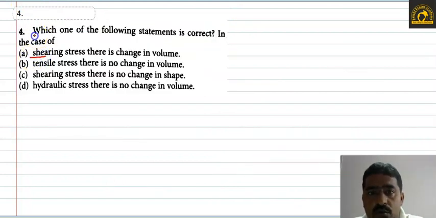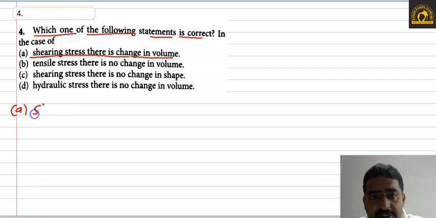Which of the following statements is correct? First one: in shearing stress, there is a change in volume. Look at option A, the shearing stress.